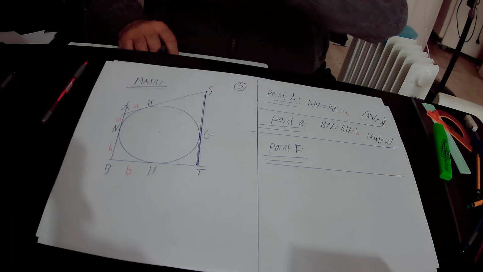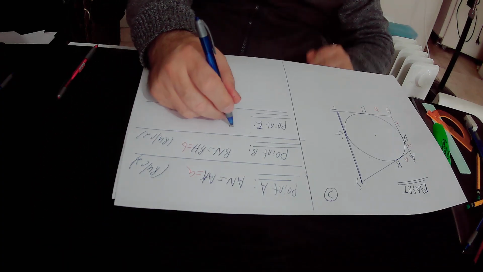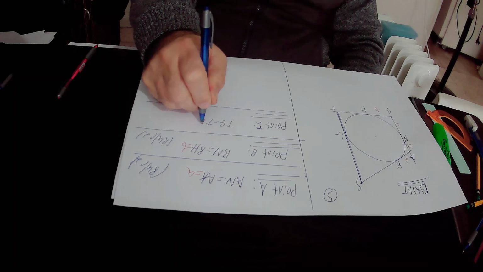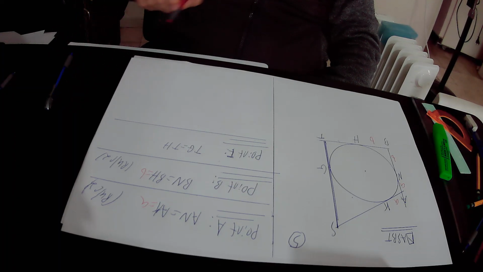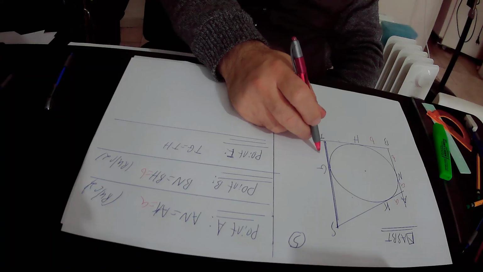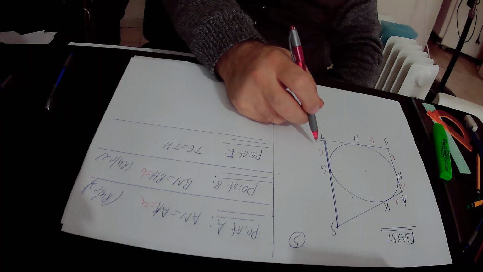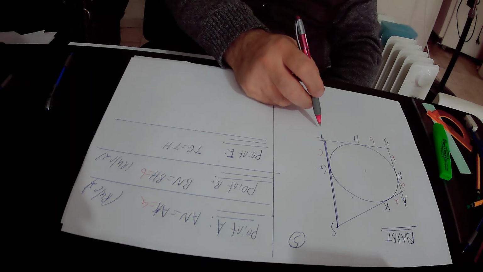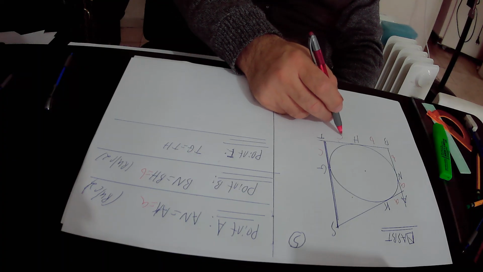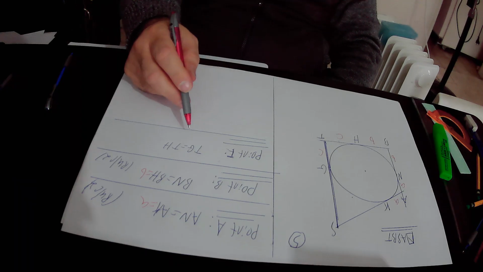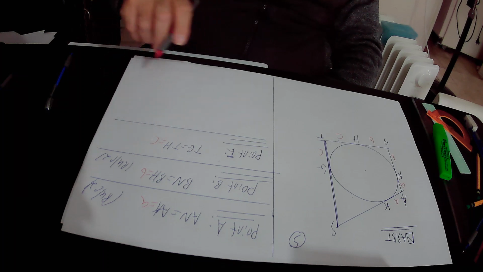That is to say, TG equals TH according to rule 2. So if we define the length of tangent TG as C, then tangent TH must also be equal to C, because they are equal to each other. So TG equals TH equals C.